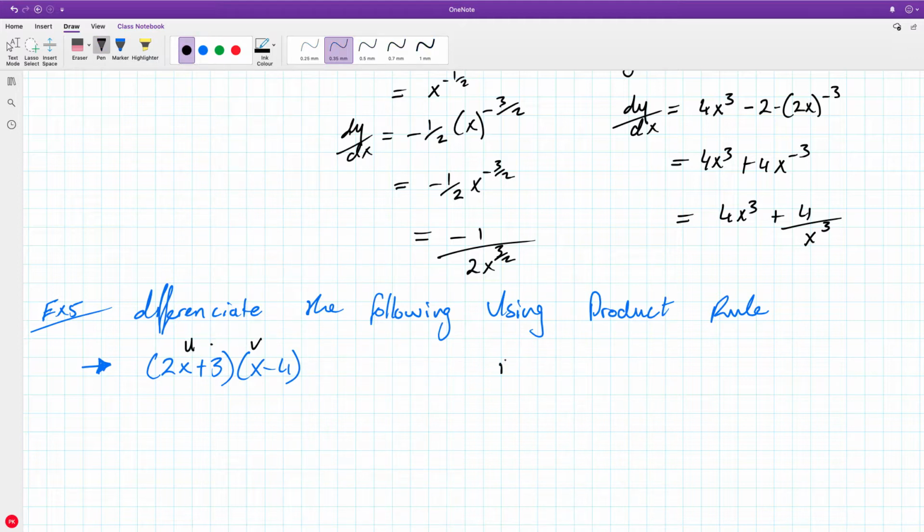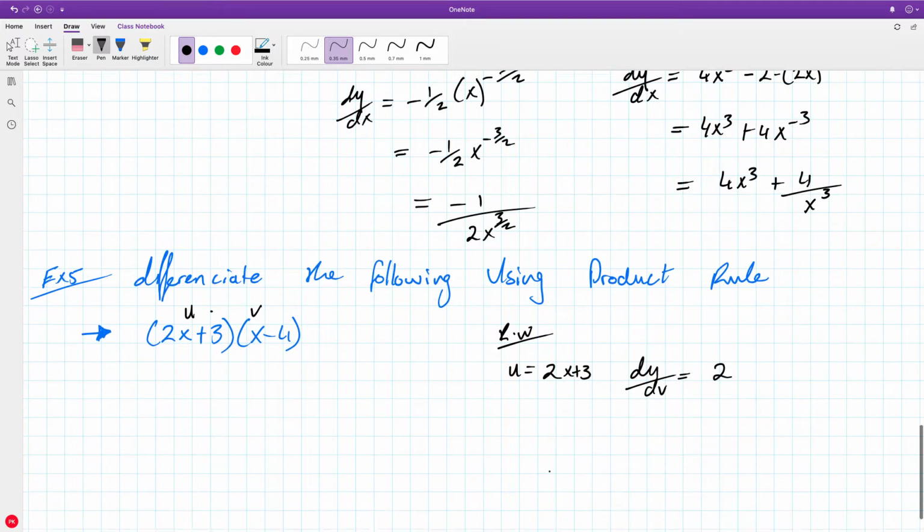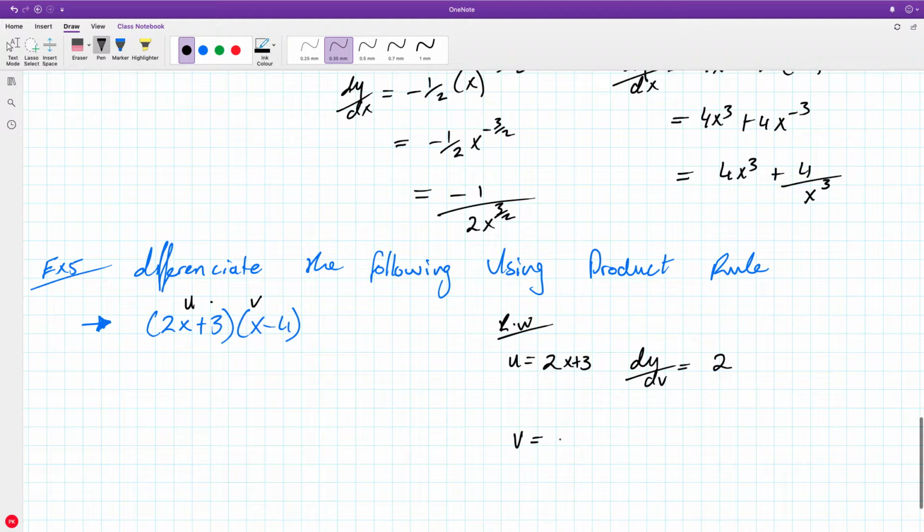u by v, bit of rough work out to the side. u is equal to 2x plus 3, du dx is equal to 2, v is equal to x minus 4, dv dx is equal to, sorry, that should be dx bottom, 1.